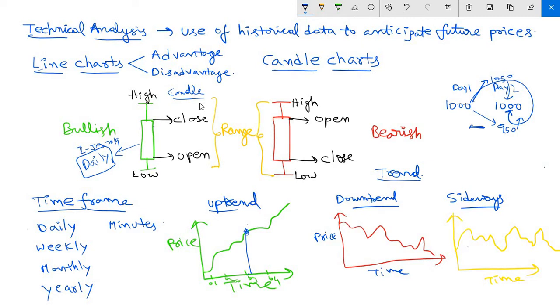This candle has a rectangular box, if you notice, and there is one line on the top and one line on the bottom. There are two things here. Also, this is a green color candle, whereas this is a red color candle.